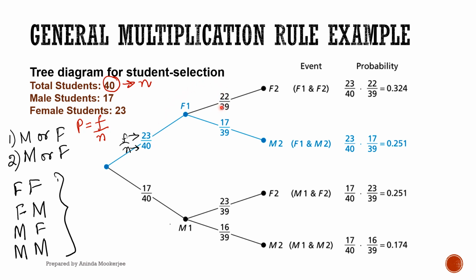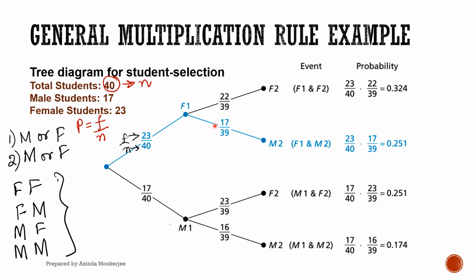Given that a female student was drawn the first time, what was the probability of another female student getting picked? All right. So the general multiplication rule is based on conditional probability, as we saw before, and it is used when there is one event dependent on a previous event.